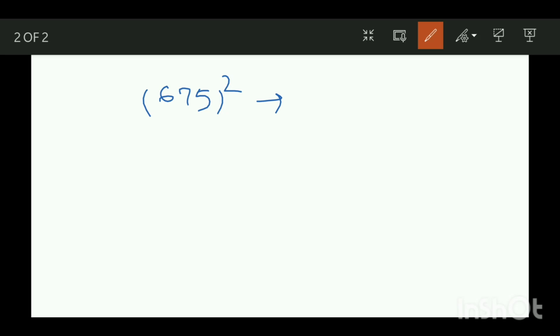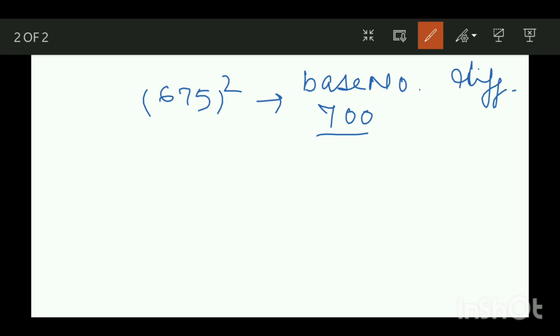For this, first we have to find the base number, and then we will have to write the difference. So the base number will be 650 or 700. Both could be the base number, but we will choose 700 because this will make the calculation easier. And the difference would be 25. The difference of 700 and 675 is 25.